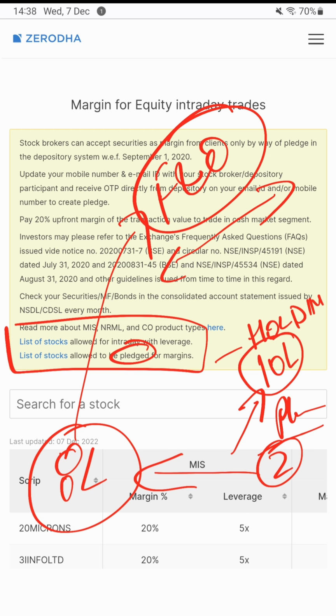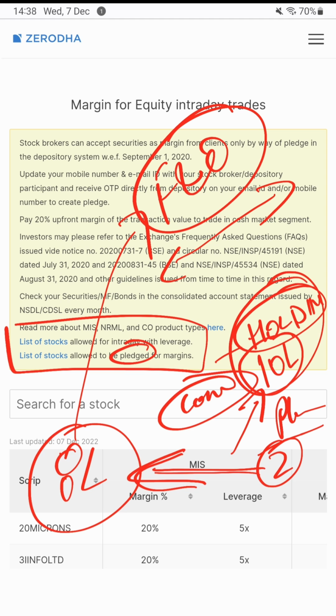I can take those positions by just pledging my holding shares, so I don't have to sell them. So in a way, the amount which was locked in holdings for my long-term purchases can be used for trading by pledging. Again, all of this can be very risky. You have to be very careful, but what are the rules around it? How does it work? I will show it to you in coming videos.